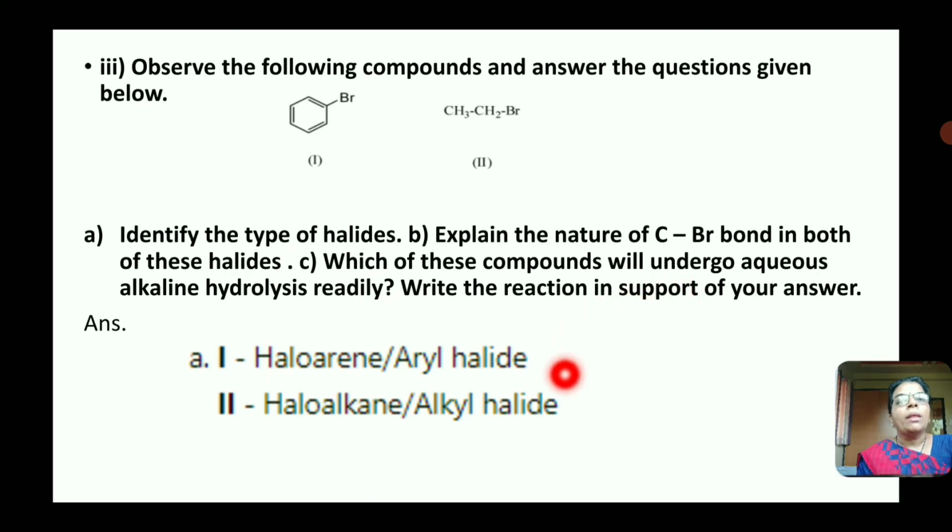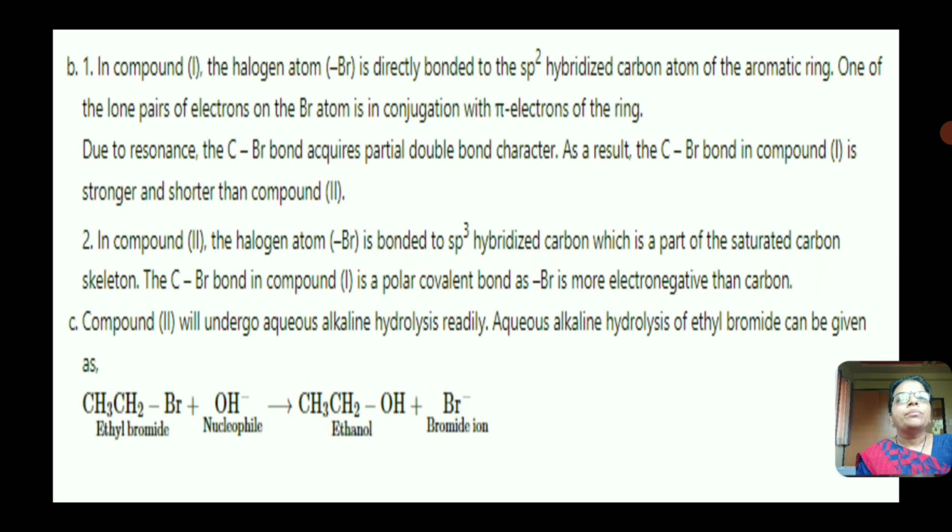Now in case of haloarenes, the halogen atom, that is bromine, is directly bonded to an sp2 hybridized carbon atom of the aromatic ring, and one of the lone pairs of electrons on Br is conjugated with pi electrons of the ring.